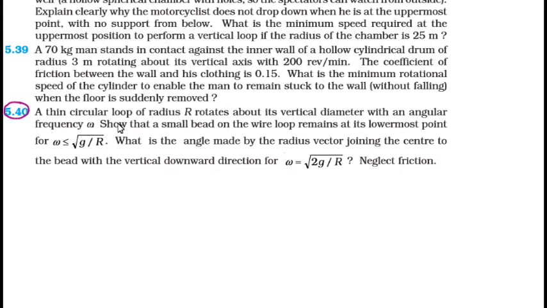A thin circular loop of radius R rotates about its vertical diameter with an angular frequency ω, so that the small bead on the wire loop remains at its lowermost point for ω less than or equal to √(g/R). Find the angle made by the radius vector joining the center to the bead with the vertical downward direction for ω = √(2g/R).